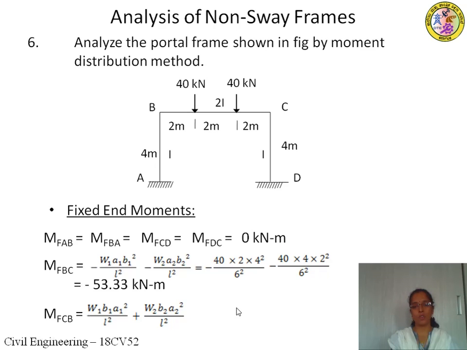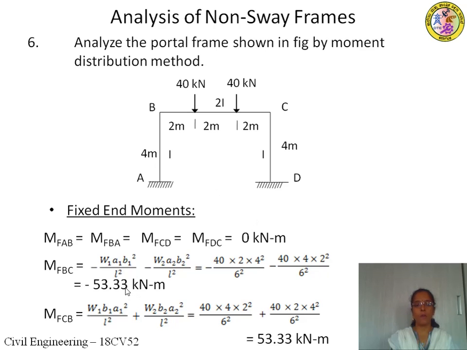Substituting, for the first loading of 40 kilonewton, B1 is 4 meters and A1 is 2 meters, so 40 into 4 into 2 square by 6 square, plus W2 is 40, B2 is 2 meters and A2 is 4 meters, so 40 into 2 into 4 square by 6 square. That will be equal to plus 53.33 kilonewton meter.